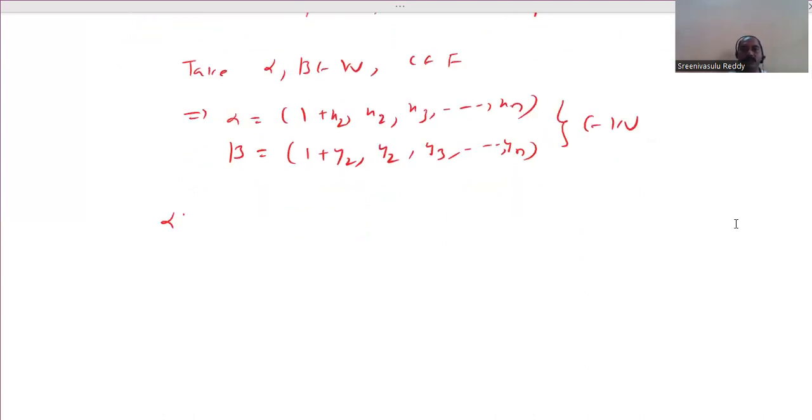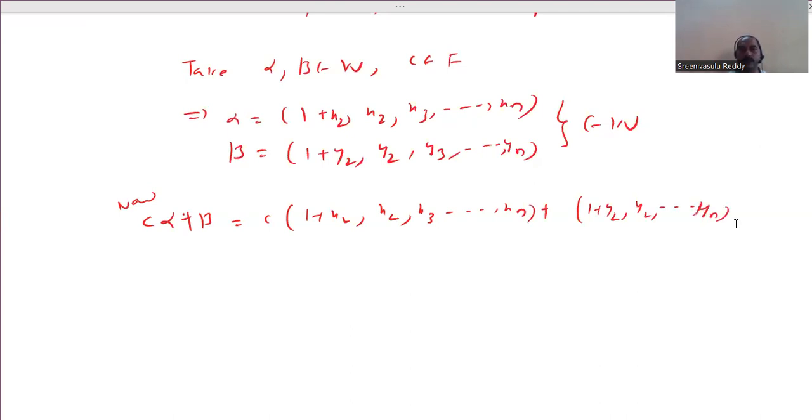Now estimate c alpha plus beta, routine procedure. c times (1 plus x2, x2, x3, and so on xn) plus (1 plus y2, y2, and so on yn). Simplify this expression: c plus cx2, cx2, cx3, and so on cxn, plus 1 plus y2, y2, and so on yn.